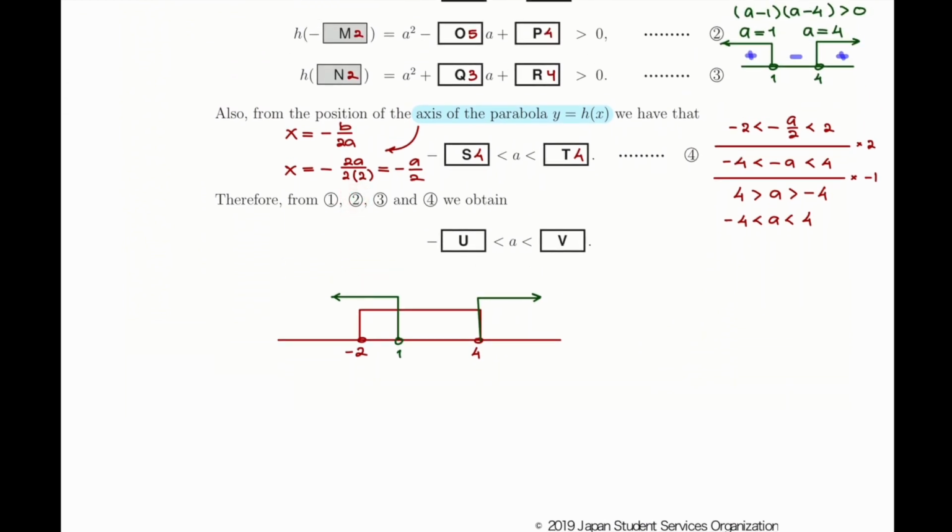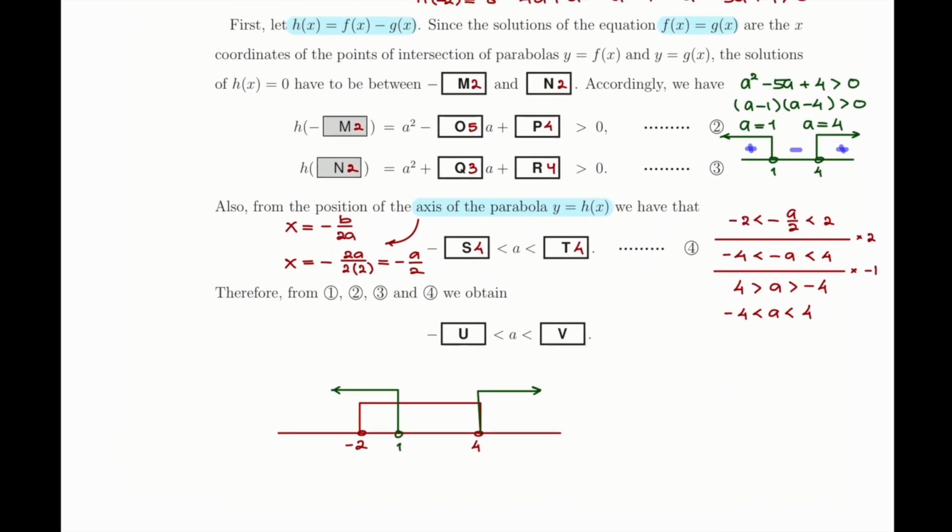And then what is the solution of part 3? a square plus 3a plus 4 is greater than 0. If you see this quadratic expression, we can see that it cannot be factorized.